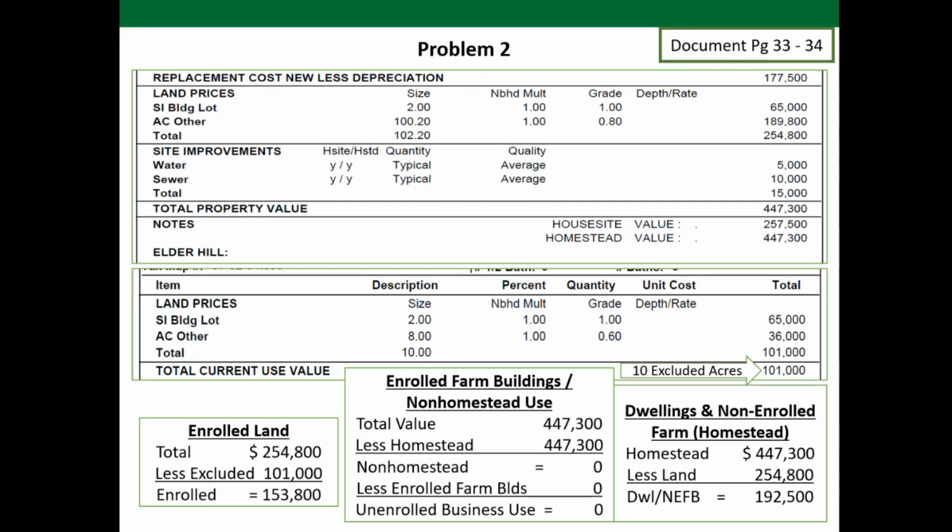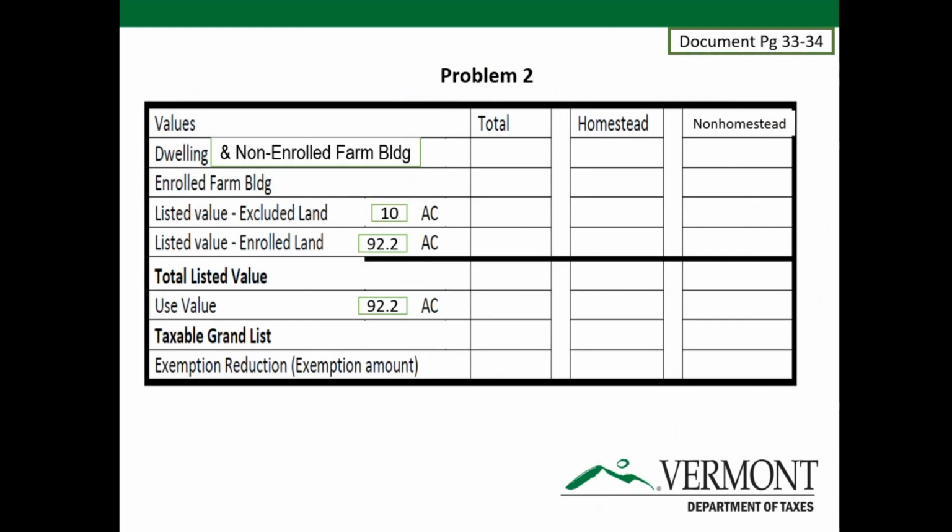That equals $192,500. Or I could mathematically say, my homestead is $447,300 minus the land I've allocated equals $192,500. Either way, whatever makes more sense for your brain.